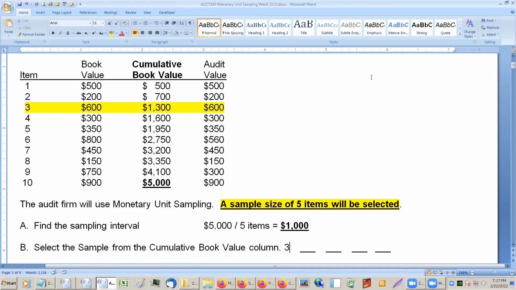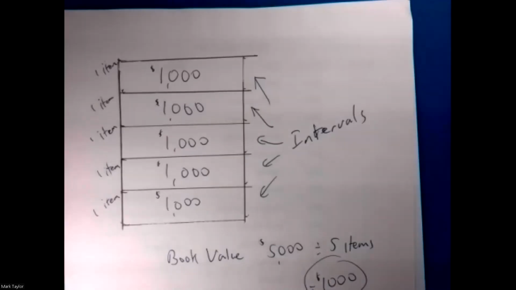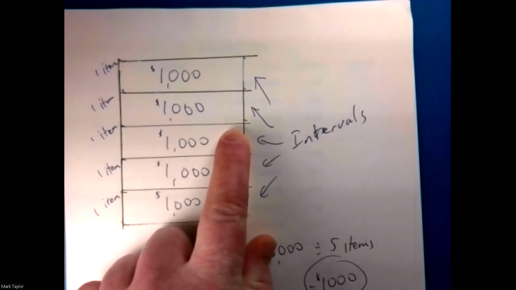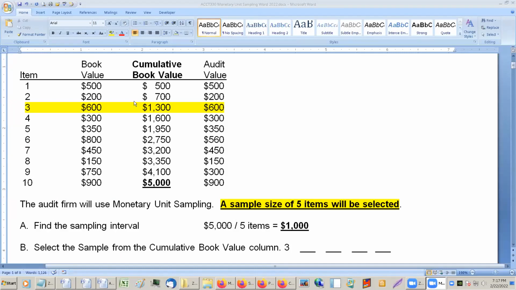Now we're going to try to find the item that crosses the second one. So at $2,000, which one crosses the $2,000 mark? On this cumulative total, which one goes over 2,000? The number 6. Yep.